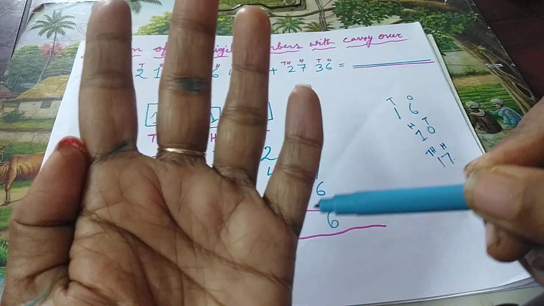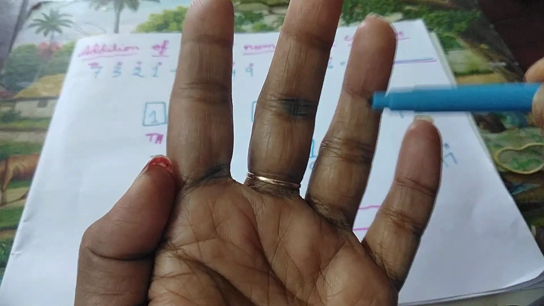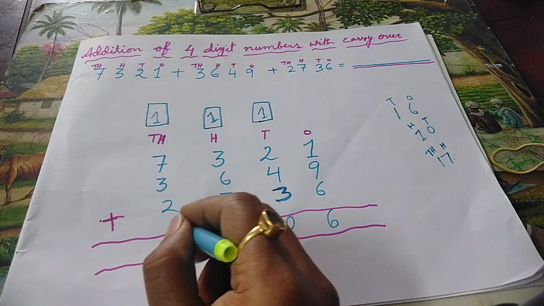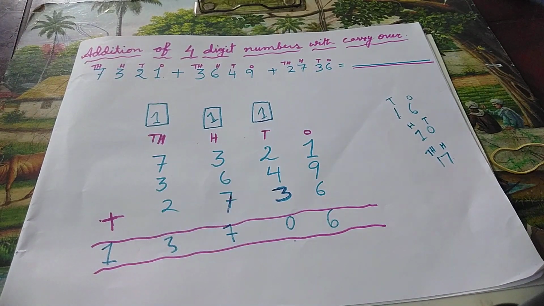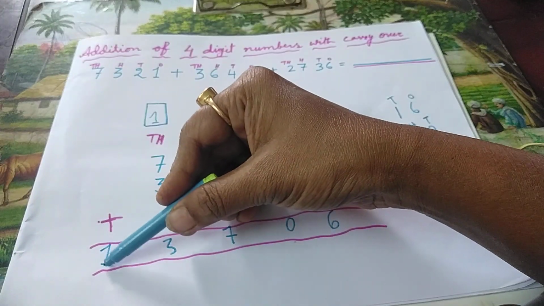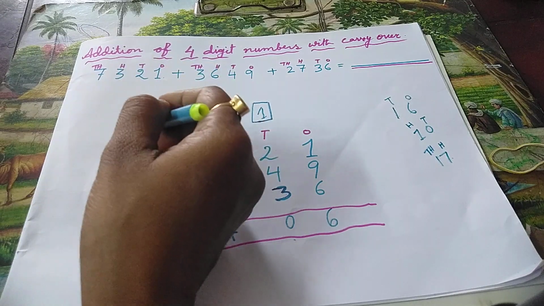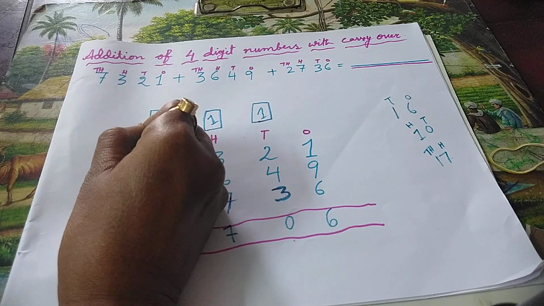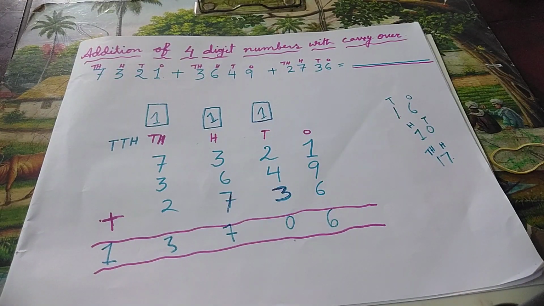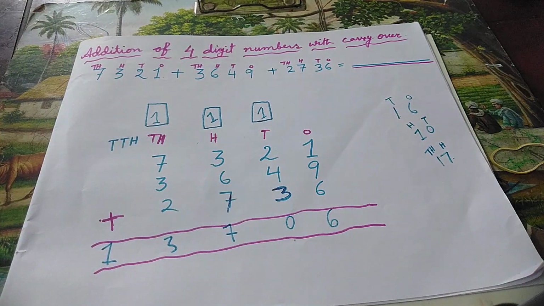See children, from here to here, total how many lines are there in all? 1, 2, 3, 4, 5, 6, 7, 8, 9, 10, 11, 12, 13. Okay. 13. See children, 1 belongs to 10,000 place.